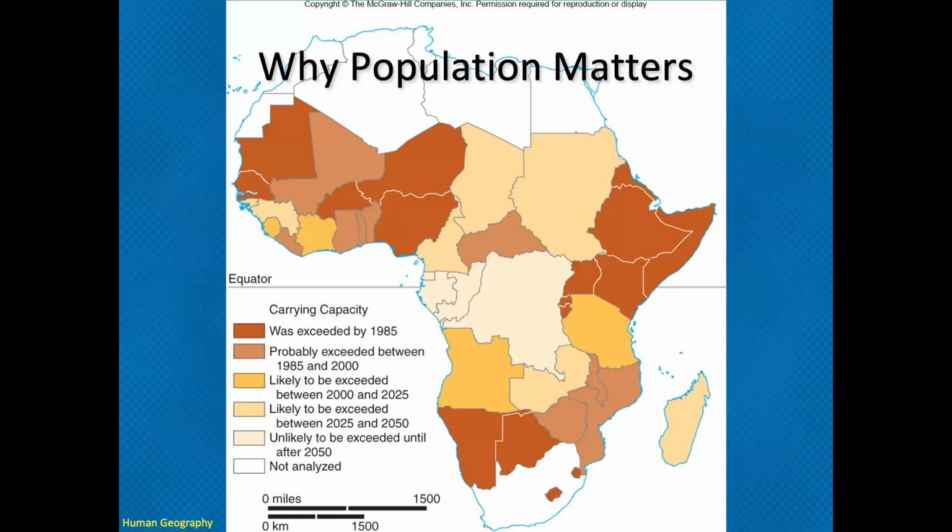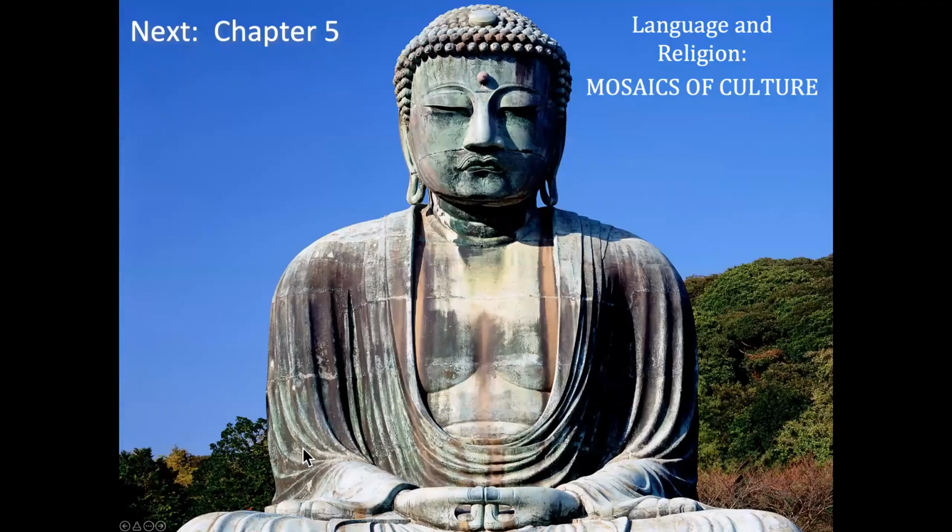So, for example, while this may be a slightly dated graphic, it shows you where carrying capacity was exceeded in the 80s, exceeded between 1985 and 2000, and then likely to be exceeded between 2000 and the next few years in the yellow, and then between 2025 and 2050, and after 2050.